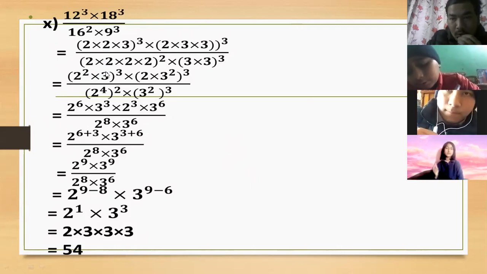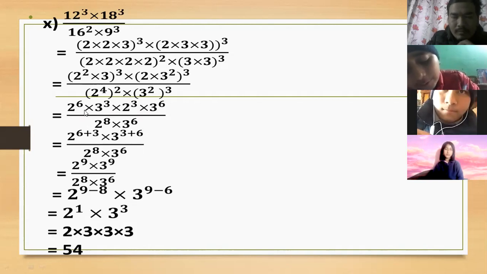Then when you open the bracket, this power and its whole power will be multiplied. 2 times 3 is 6 and 3 to the power 3. Because this 3 has one power, the numbers which have the same base will be multiplied and the power will be added, keeping the base same. Okay, children?